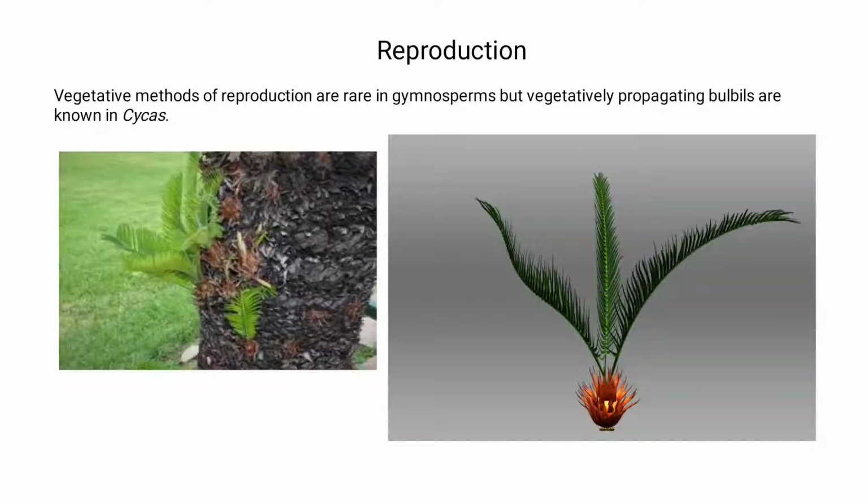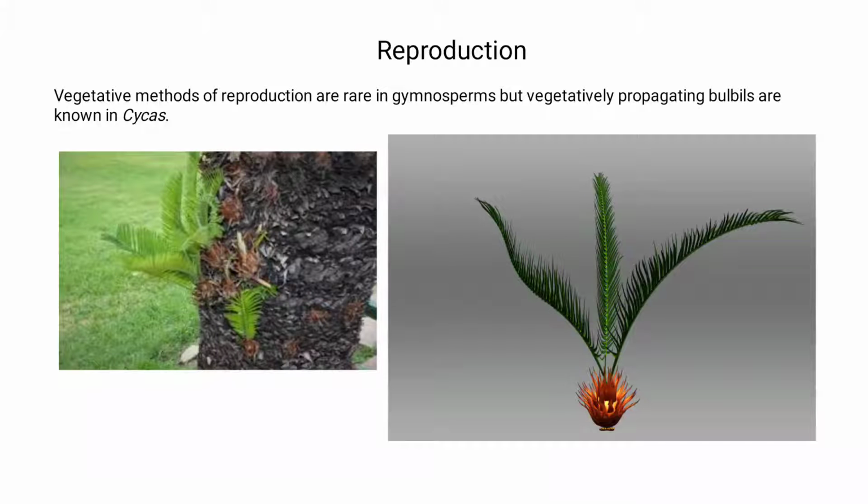The main difference between these two is, in case of vegetative reproduction method, there is no involvement of fusion of the gametes. But if you look at the sexual reproduction, it involves the fusion of male and female gametes.